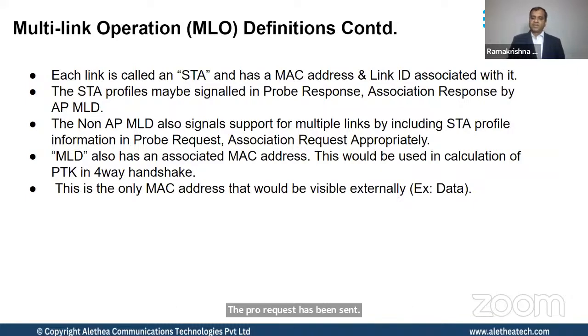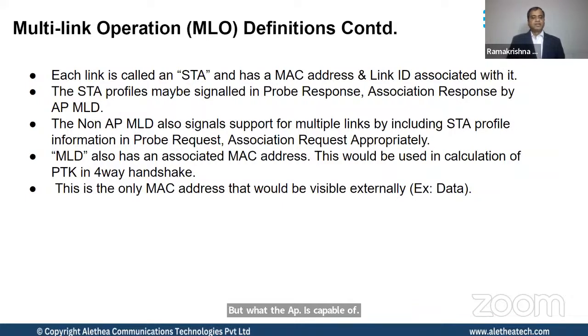Similarly, association response defines what other STA profiles the AP is allowing the client to associate to. So it is possible that there are fewer STA profiles in the association response than what has been requested by the client or what the AP is capable of.